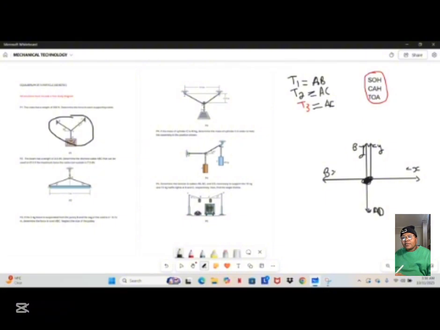And then we have BY and BX. Okay, right. And this is how our free body diagram is looking.